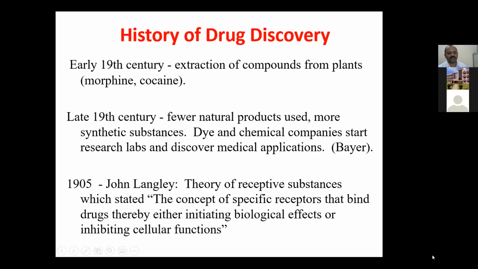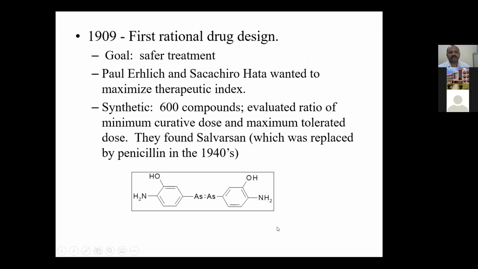Next, in the early 20th century, scientists across the world started working on the concept of rational drug design. This term rational was used for the first time in 1909. It means something conceptual, hypothesis-based, a kind of drug design.